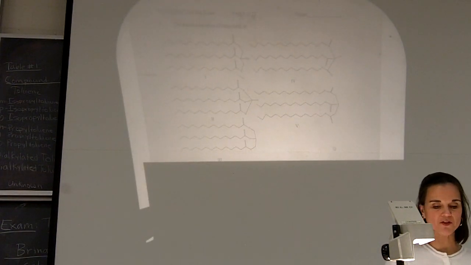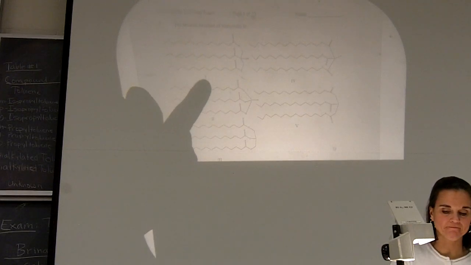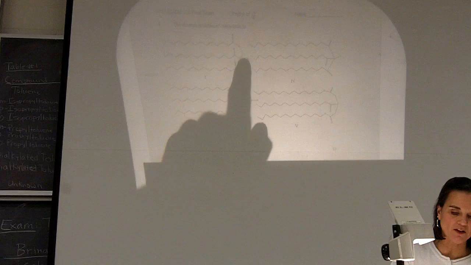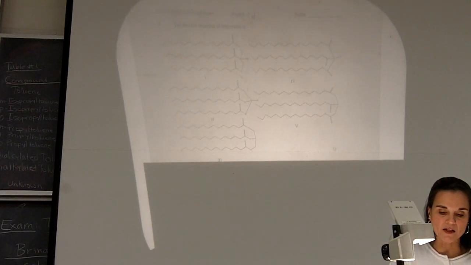The skeletal structure of trimyristin is. So, is it 1? No, what do we have and what are we missing? We're missing the oxygen in here for the ester, right? And then we've got this alcohol off the end. Is it number 2?